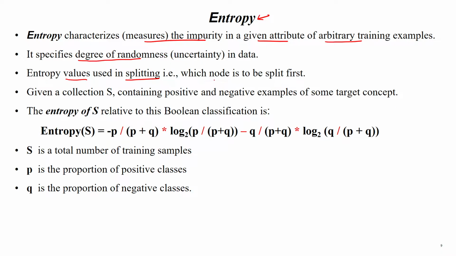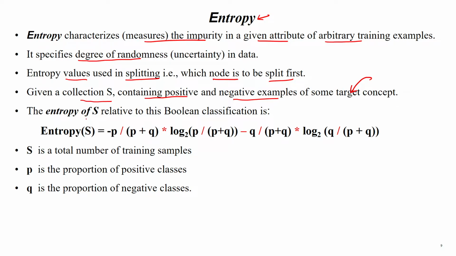Whichever node or attribute is having highest entropy, that means more information gain, is going to be selected as best attribute. Given a collection of samples containing positive and negative samples for some target concept.